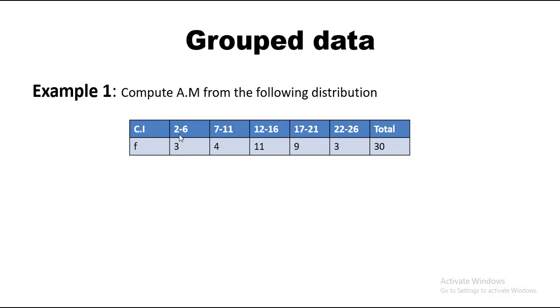The observation for this particular class is 3. 7 to 11, the frequency for this class is 4. In this particular case, the data is organized into classes, and to every class there is the frequency count. We are asked to find the mean for this data, which is called grouped data.